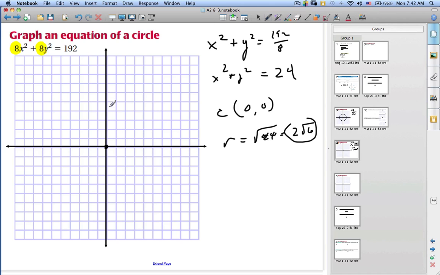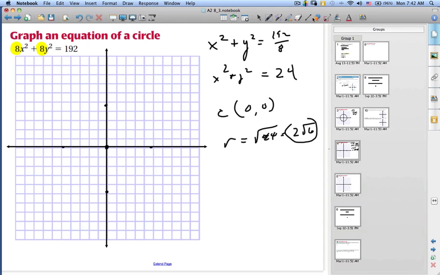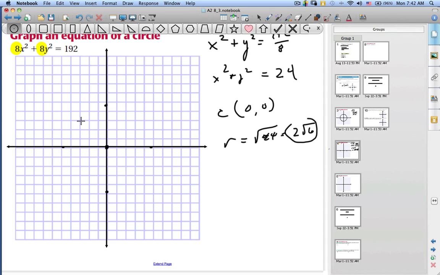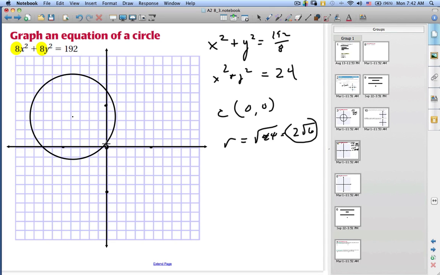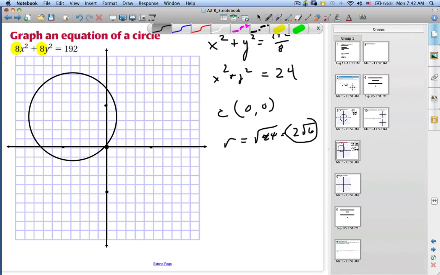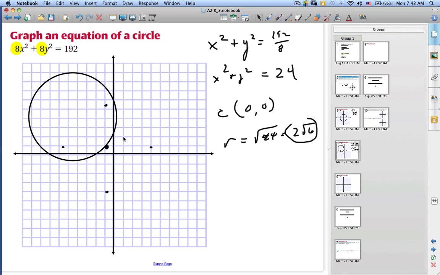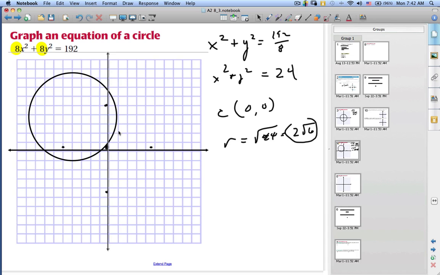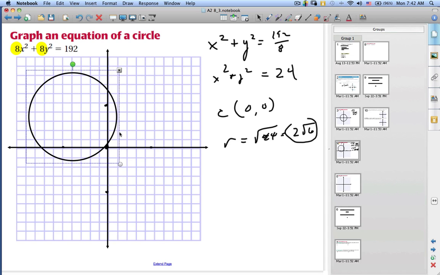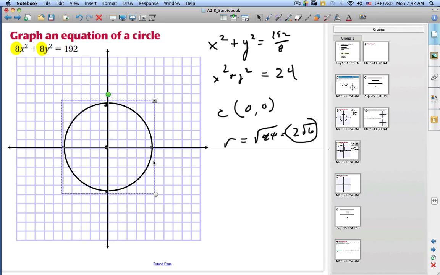I go 1, 2, 3, 4, and almost 5 in each direction: up, down, left, and right. And again, if I grab my circle, something close to this, I think. There we go.